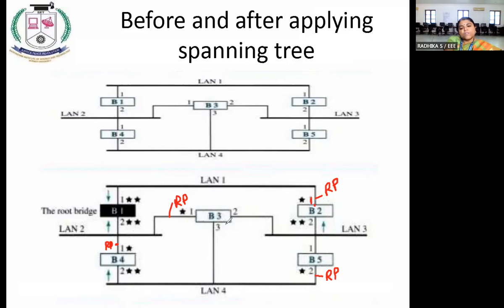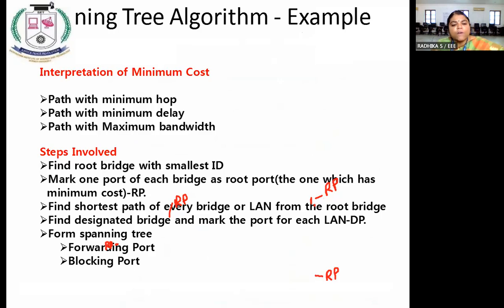Once we have identified the root port, the next step is identifying the designated bridge. So what is actually the designated bridge?